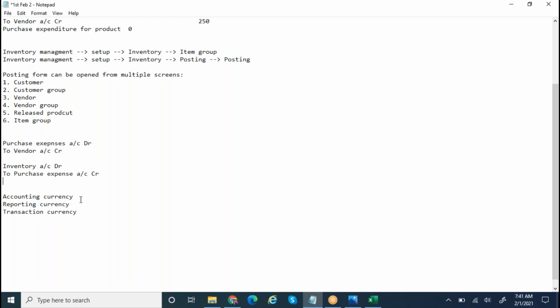One is accounting currency, another is reporting currency, and another is transaction currency. I think we discussed this long back. Anyone who missed this class, please recollect and verify. Each and every transaction will be posted in three currencies: accounting currency, reporting currency, and transaction currency. Triangulation currency I have not explained. That is also a pending point in your notebook. I think you are writing the pending point as triangulation currency.